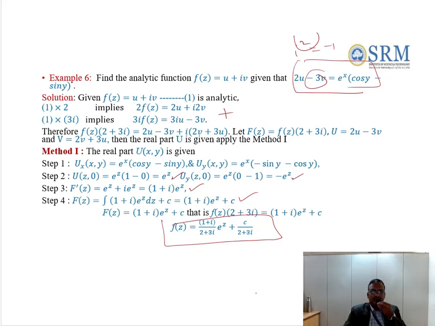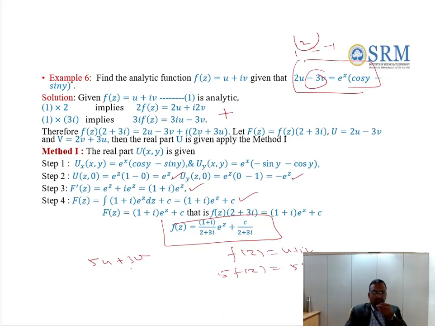Okay, this is a way to calculate the analytic function. Sometimes they will give an expression like this: what is 5u plus 3v? So f of z, which is equal to u plus iv, I want 5u, so multiply this function f of z by 5, therefore 5 f of z gives 5u plus i into 5v.